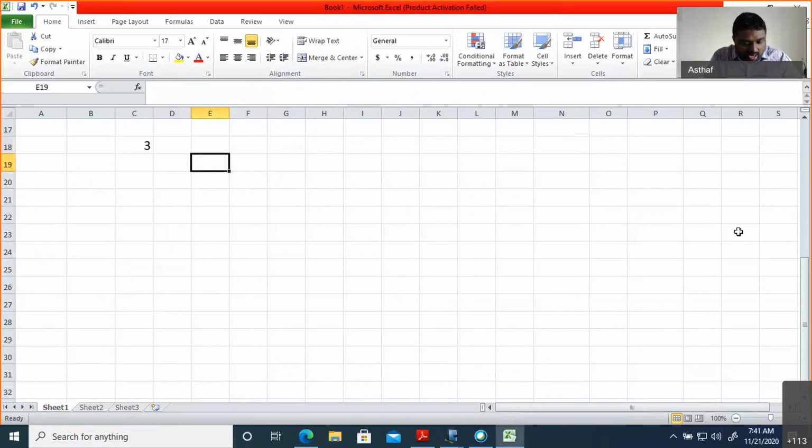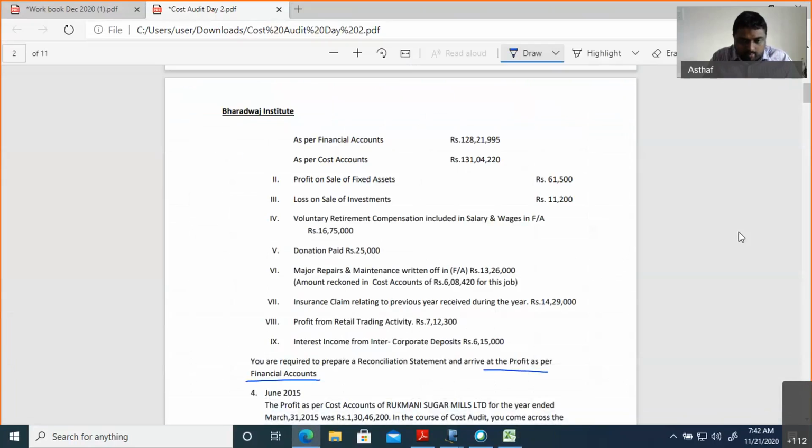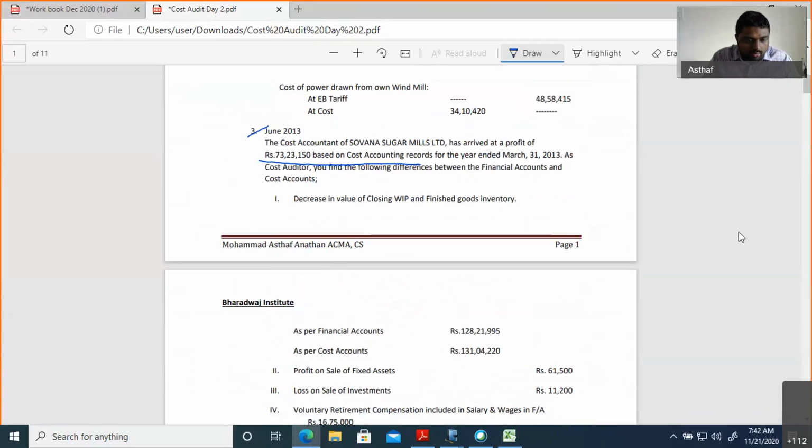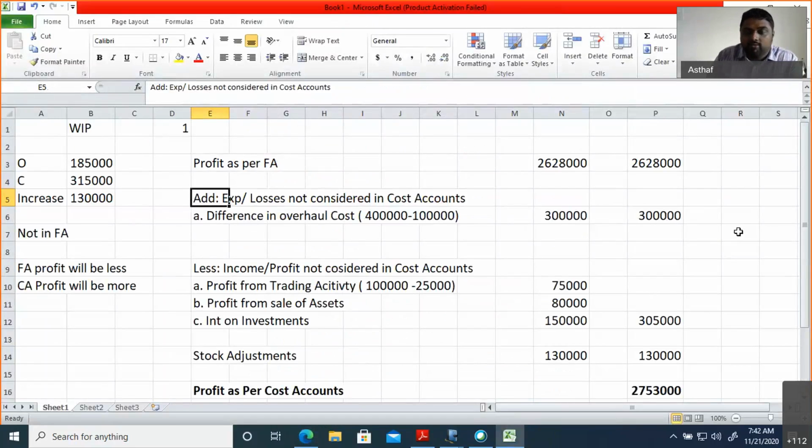It will start with profit as per cost accounts. So what we have less there, that has to be added. The expenses, income. See here what we have done, just a reversal we have to make.